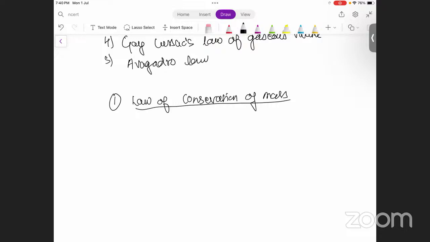This law seems similar to the law of conservation of energy, which says that energy can neither be created nor destroyed. In a similar way, mass can neither be created nor destroyed. What will happen then? It will just be transformed from one form to another.